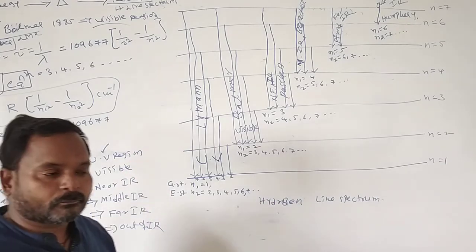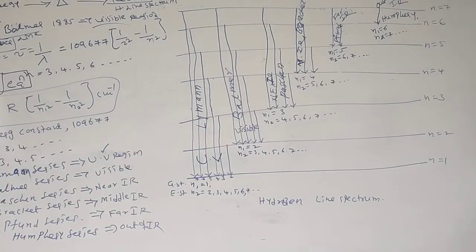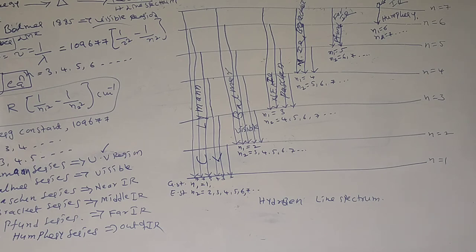First, Lyman series. Series means a group of lines. That is observed at the UV region in the electromagnetic spectrum. Balmer series of lines is observed at the visible region. Next, Paschen series of lines is observed at the near IR region.